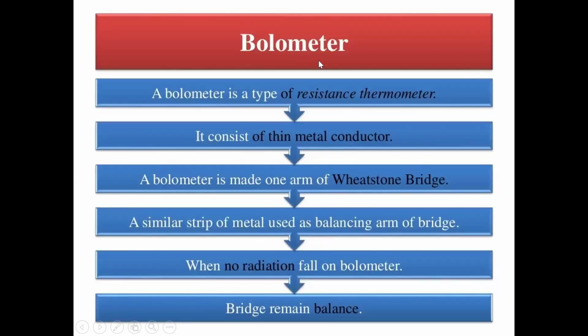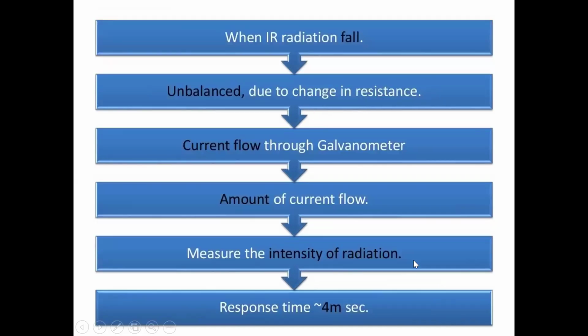Next detector is bolometer. Bolometer is a type of resistance thermometer. Simple principle, bolometer is made as one arm of the Wheatstone bridge. IR radiation fall avakamundu bolometer bridge is balanced. When IR radiation falls on the bolometer, what happens?